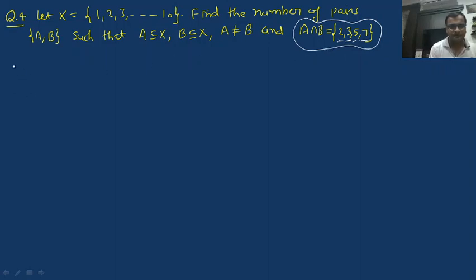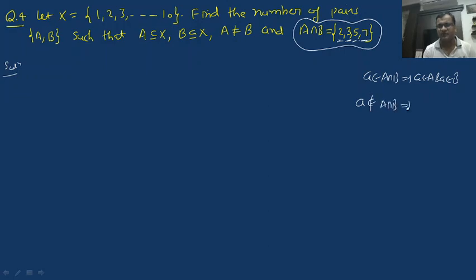Okay, let's start. I'm going to discuss some basic part of set theory here. Suppose a belongs to A intersection B, this means that a belongs to A and a belongs to B. And if a does not belong to A intersection B, then there are three cases. If an element belongs to A intersection B, then there is only one way: that element belongs to both the sets. And if any element does not belong to A intersection B, then there are actually three choices.